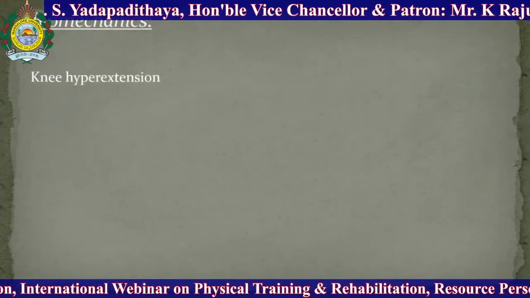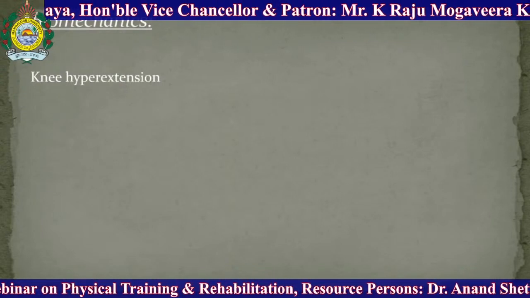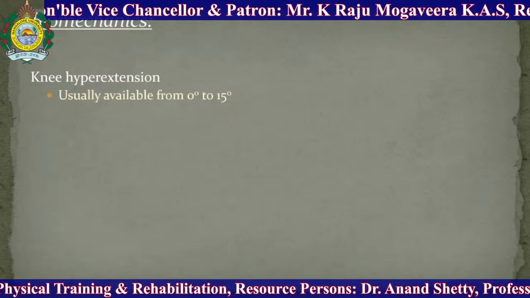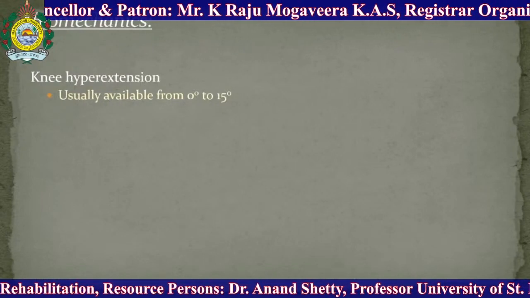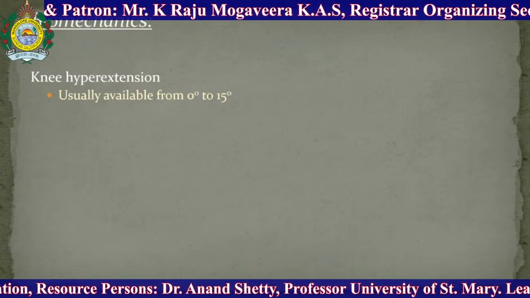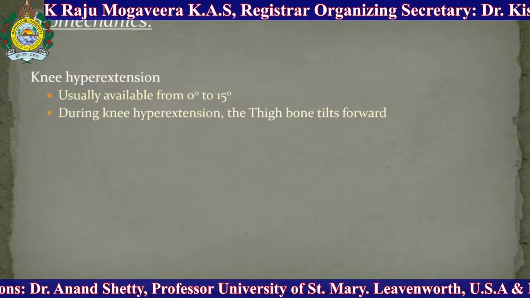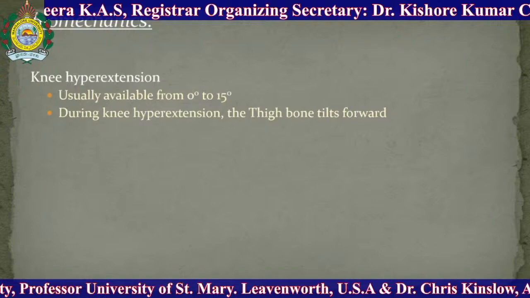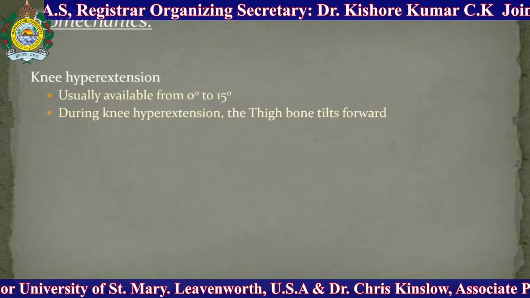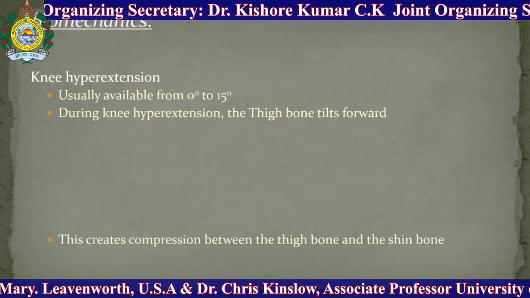So we talked about the knock-knee position and that valgus position. Now we'll talk about hyperextension as another way that this can become problematic. It's okay for us to have some degree of hyperextension, but we don't want extreme amounts above 15 degrees. That thigh bone tilts forward, and that's more at the hip, and so the knee is tilting backwards.